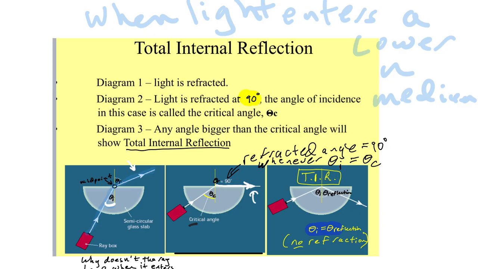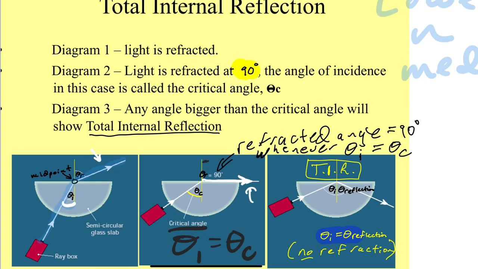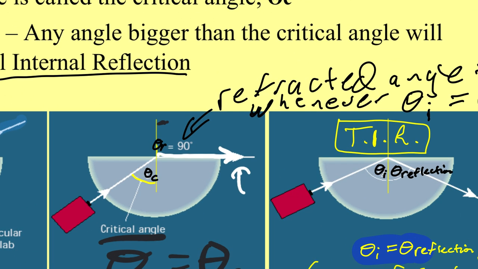So you can see this critical angle is the angle of incidence. We call it the critical angle when the angle of refraction is 90 degrees. So you can see that right there.